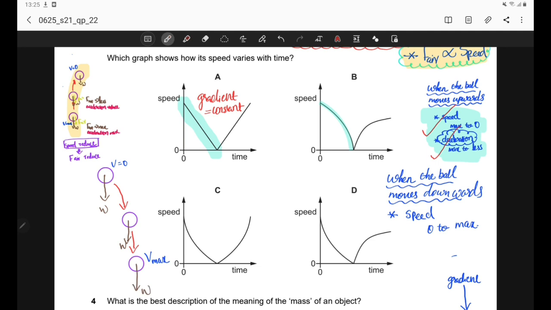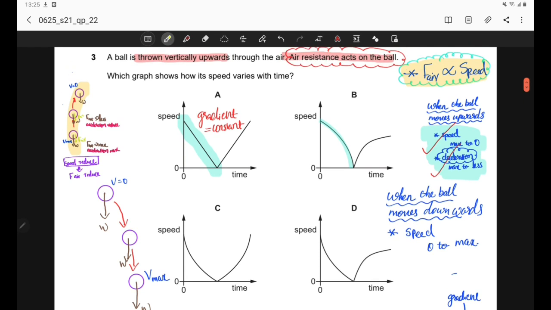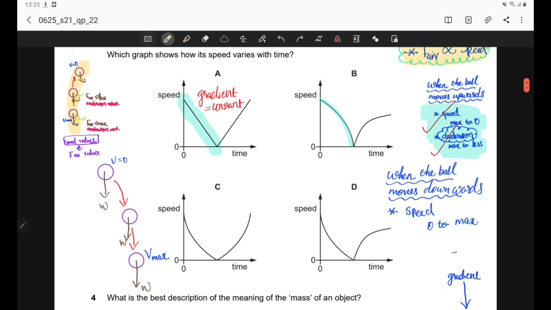So the ball will have a positive acceleration, but we need to check the air resistance, and here you have to use the concept of air resistance which we have discussed, that when the speed increases, the air resistance will increase. Here also the speed increases, so the air resistance will definitely increase. Initially when the speed is 0, the air resistance will be 0 at the maximum position, but gradually as its speed increases, there will be upward air resistance, because air resistance is a force which will always act in the opposite direction of the motion.